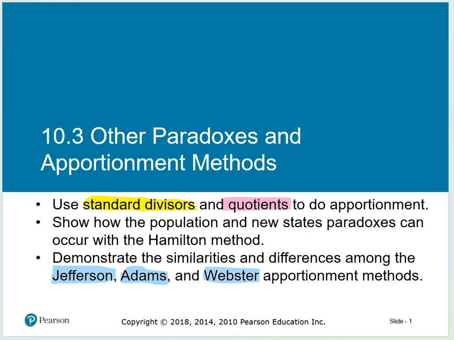all very similar. It's just that Jefferson always rounds down, Adams always rounds up, and Webster goes up or down. He basically uses standard rounding rules.